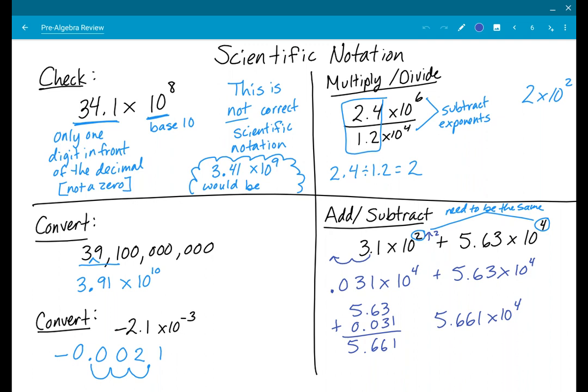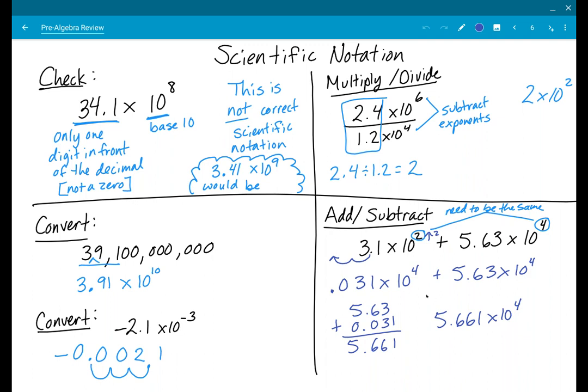Because I'm increasing the exponent by 2, I'm going to change the decimal place 2 spaces. They always work in opposite directions. So if I increase the exponent, I'm going to move the decimal to the left to make the coefficient 2 decimal places smaller. It's kind of like I multiplied by 10 and then by 10 again, but the other number I divided by 10 and divided by 10 again.